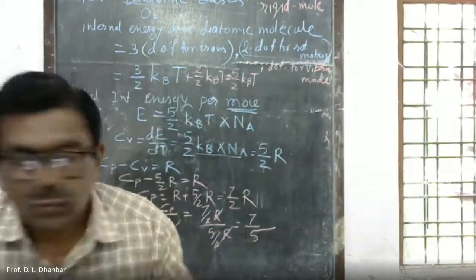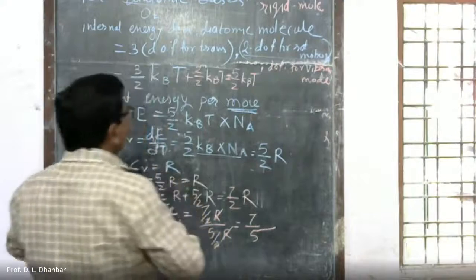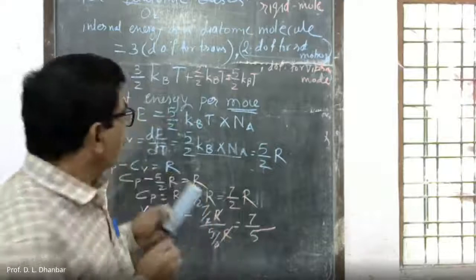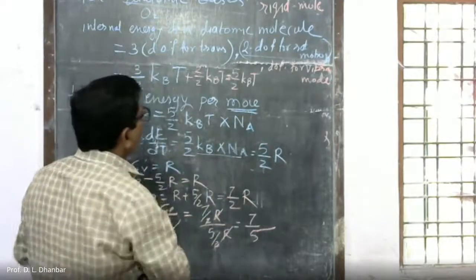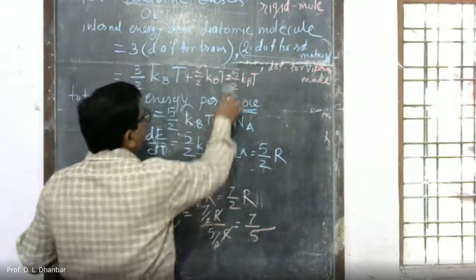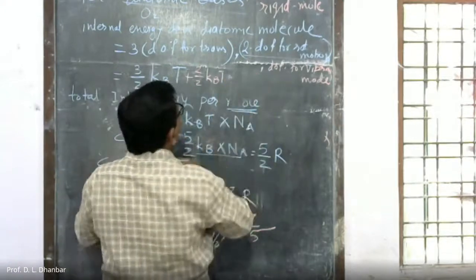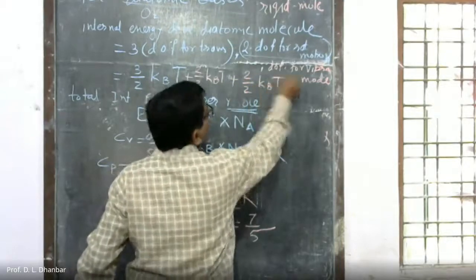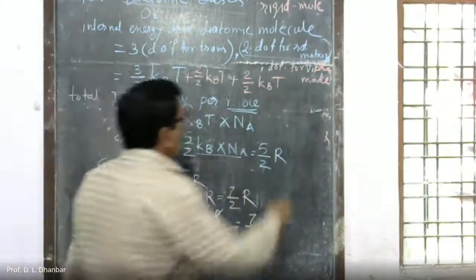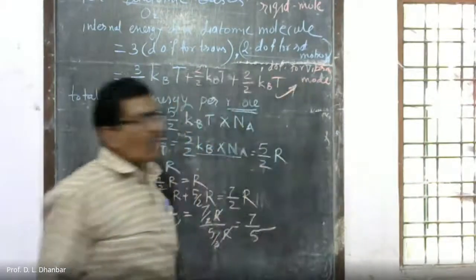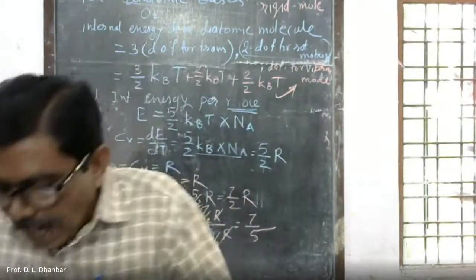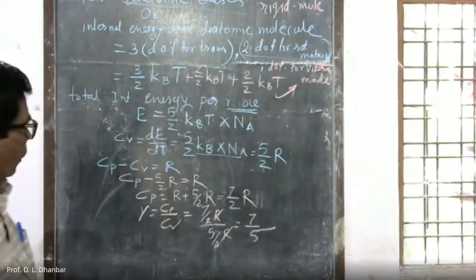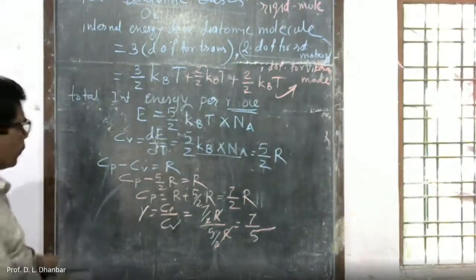Here it is equal to 2 by 2. As there are two atoms, I will add one more: plus 2 by 2 kB into T. This is for the degree of freedom for vibrational mode. So one additional vibrational mode, given by 2 by 2 into kB into T.